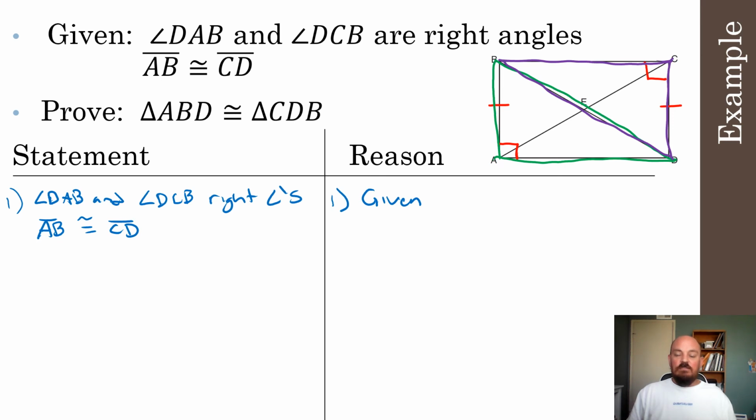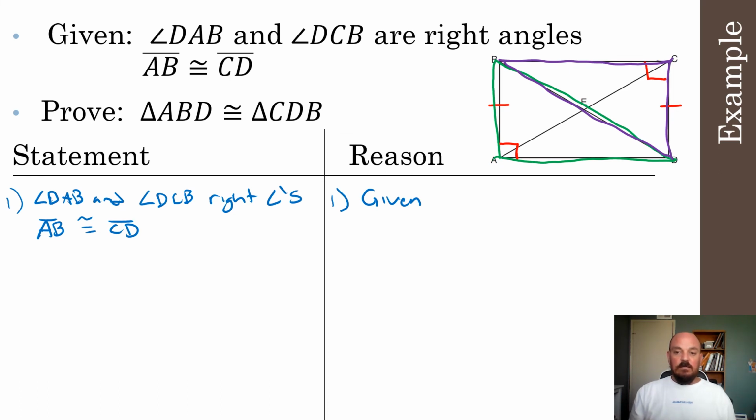So what we have is, we have a right angle. We have one side marked congruent, and it's not the hypotenuse. The hypotenuse is actually the diagonal line going down the middle. It's line segment BD, because that's the one that's opposite from the right angles.